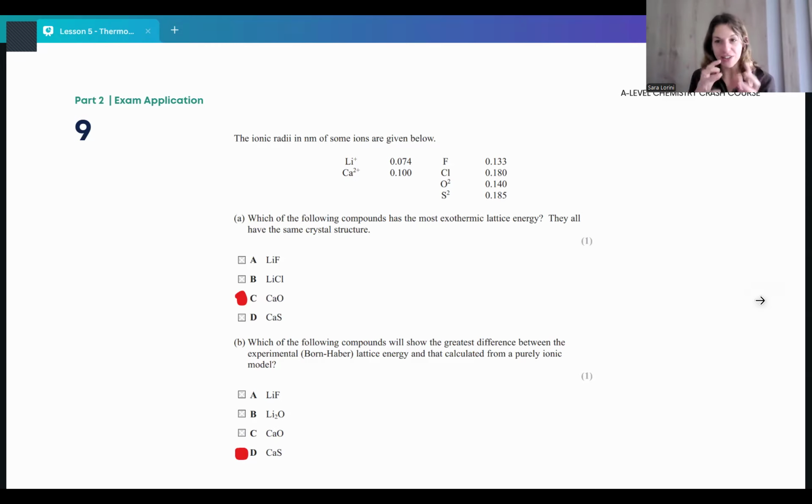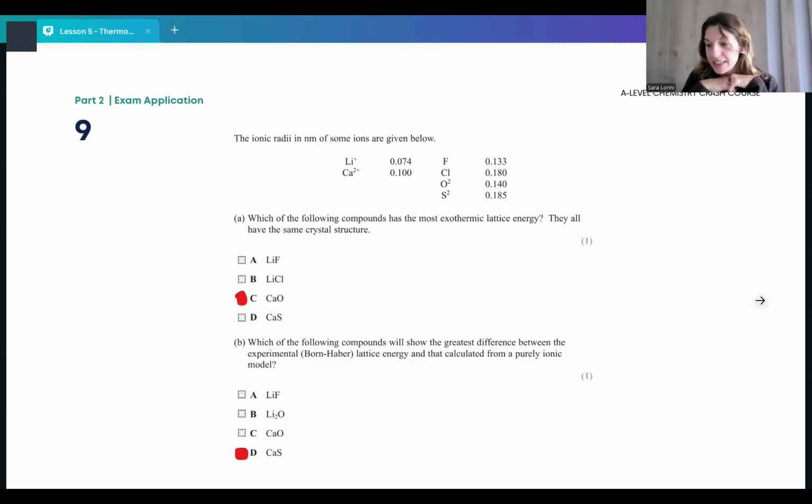Always think about the energy that holds the ions together. And then part B, think about why that is different. The correct answer would be D, because calcium has a higher charge density compared to lithium. As you can see, even though it has a higher ionic radius, it still has a 2+ charge. And also because of sulfur, because sulfur has the highest ionic radii, which means that it is the most easily polarizable.